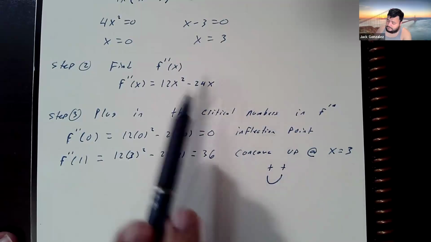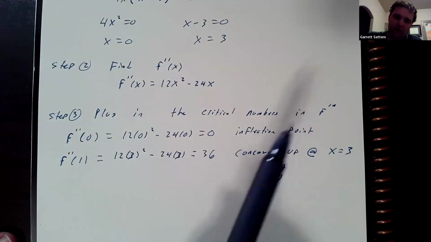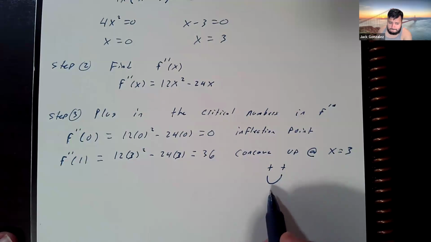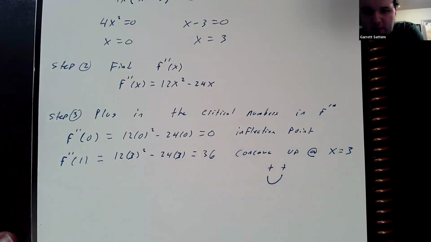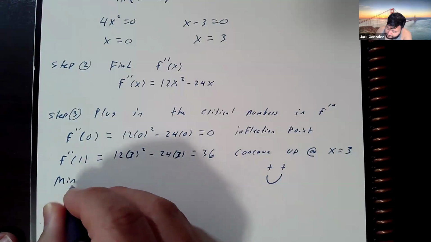We say critical numbers can be inflection points or extrema values, right? So what type of extrema is this? Positive. The minimum, right? Yeah, minimum.